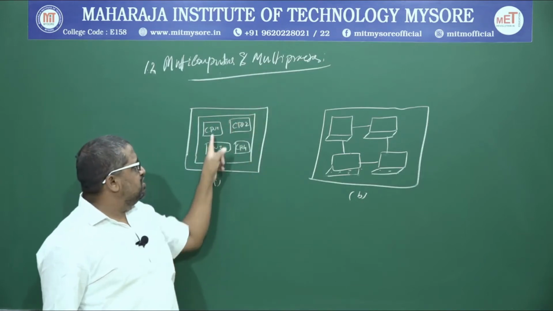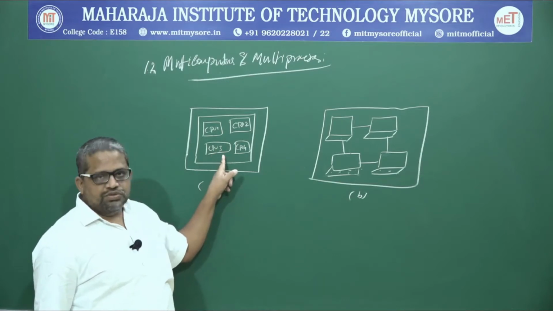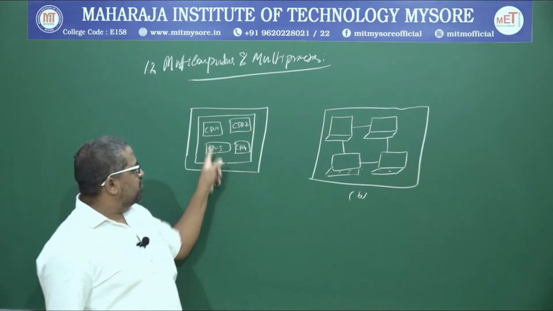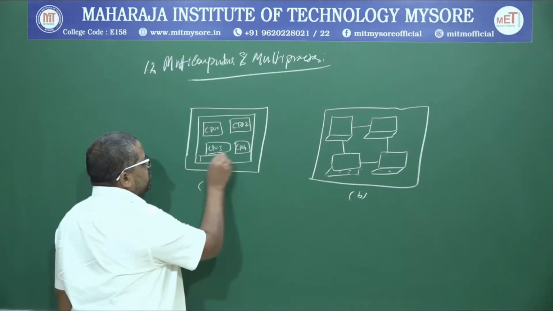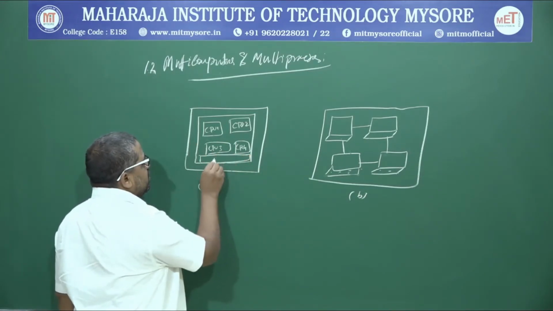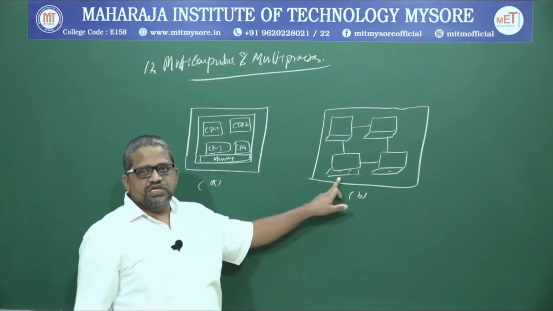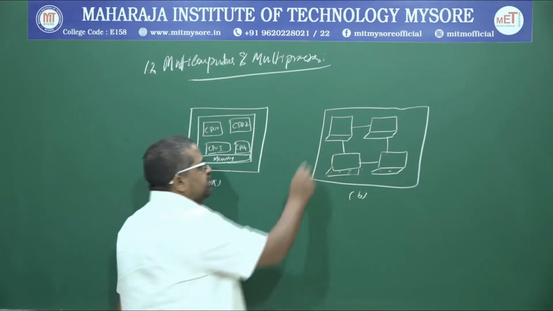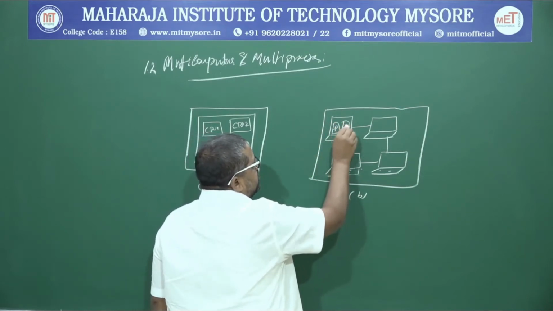For a multiprocessor model, n processors, more than one, are working together. But remember, for all these n processors, you have got one common memory. But in case of multi-computers, each computer has got its own processor as well as memory.